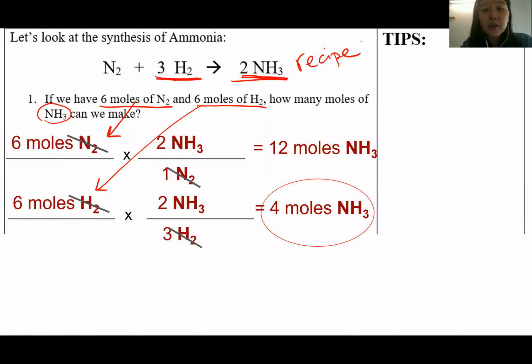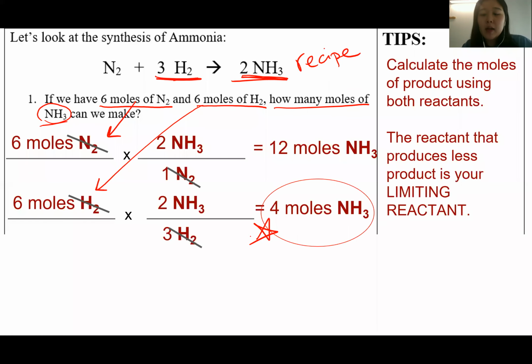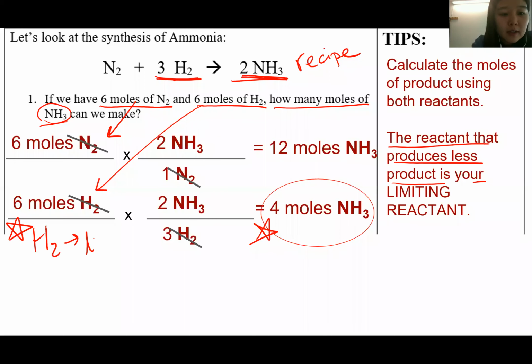So we're going to circle. How many moles of NH3 can we make? We can make 4 moles of NH3 because the reactant that produces less product is your limiting reactant. So we're saying that H2 is our limiting reactant because it produces less product.